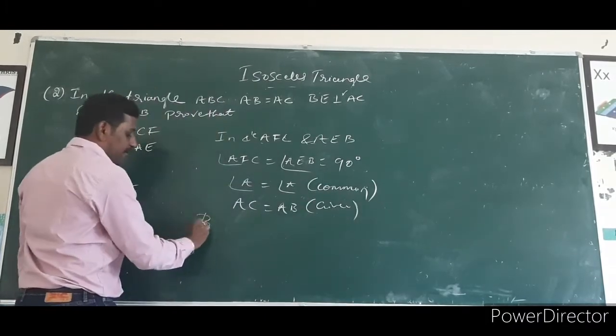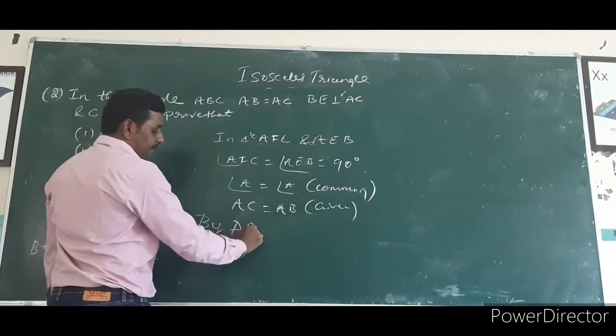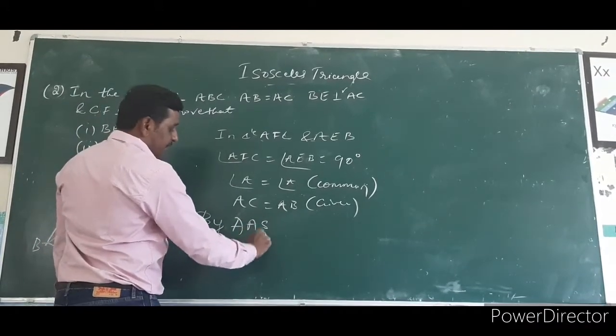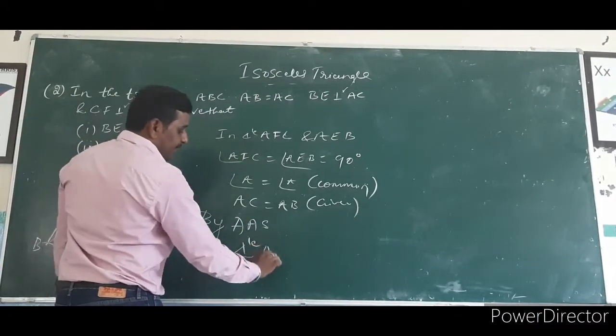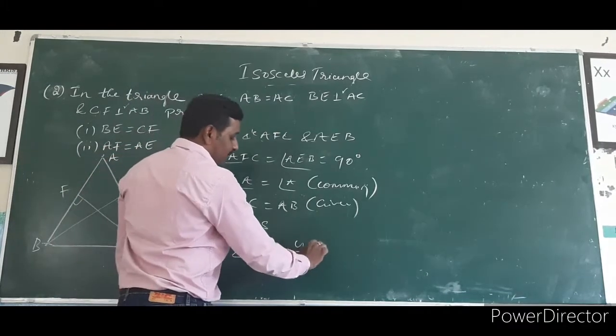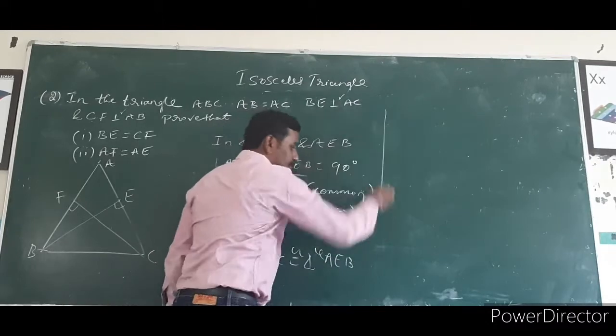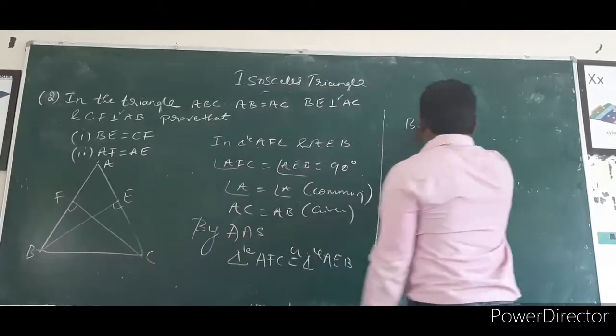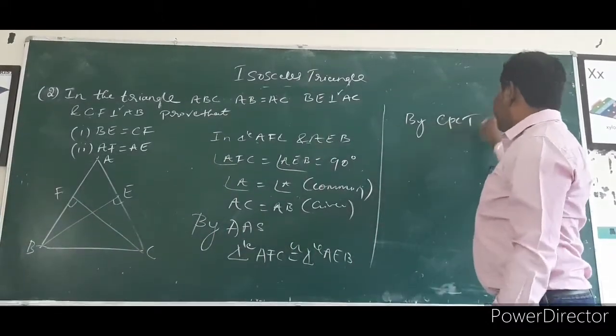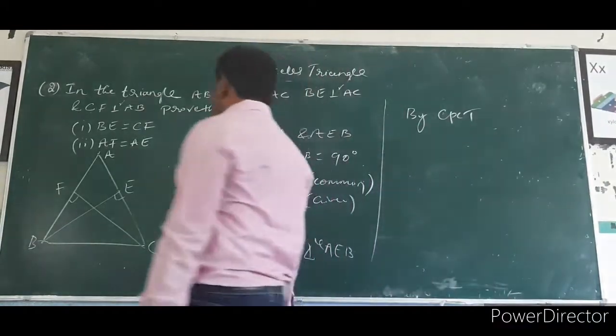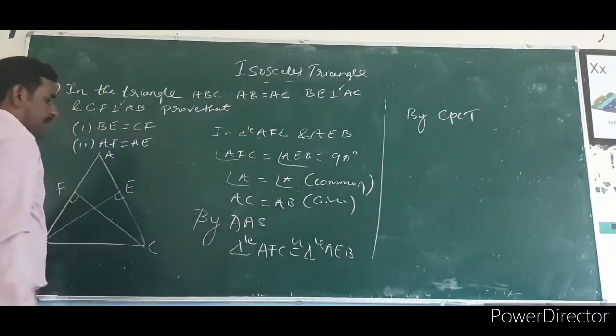So by the AAS postulate, triangle AFC is congruent to triangle AEB by CPCT. CPCT means corresponding parts of congruent triangles.